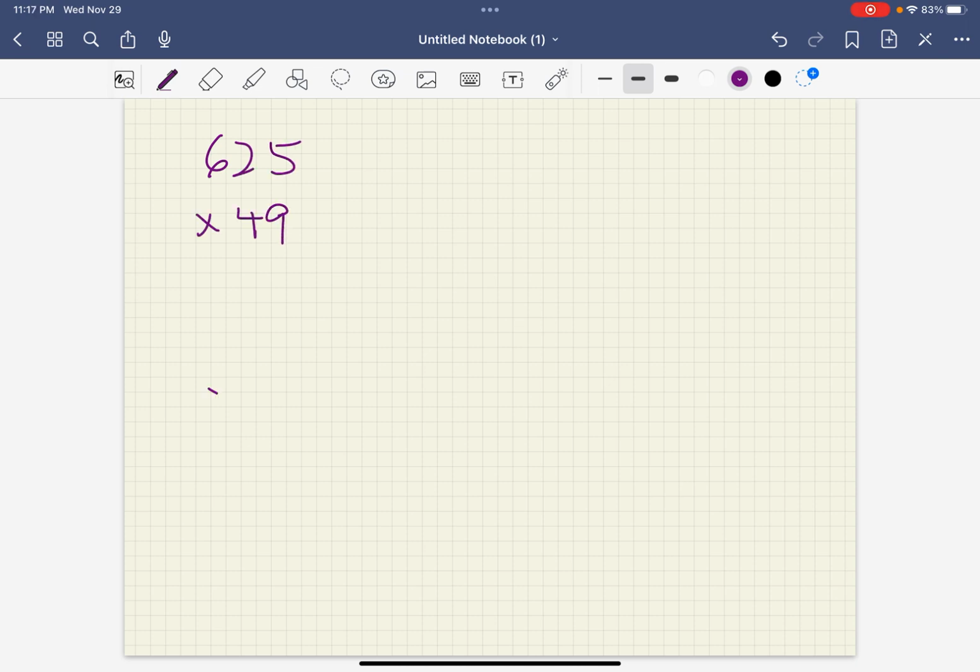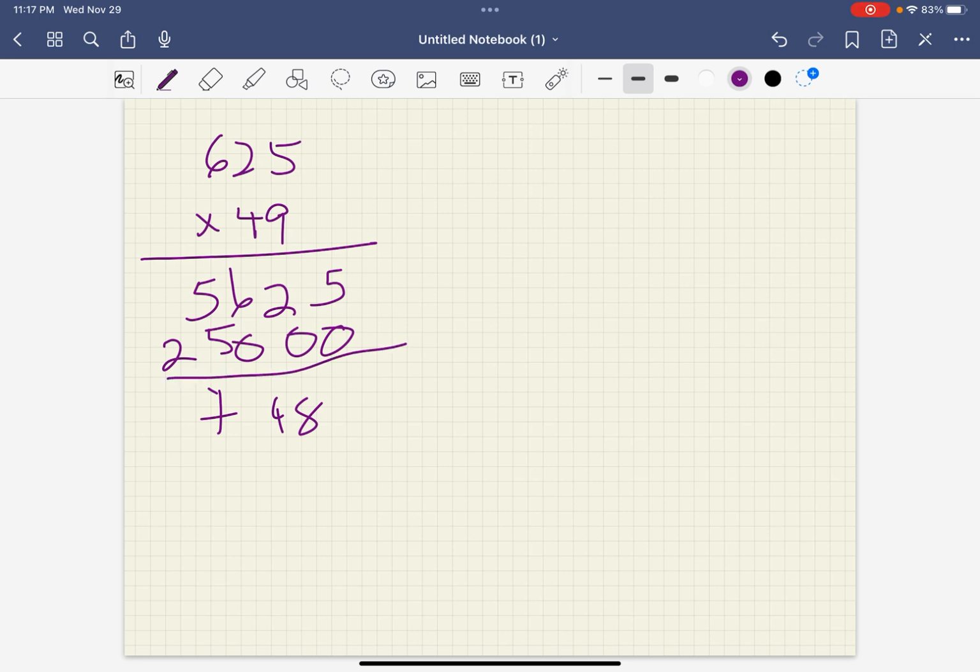We're going to have to remember to add 48. Okay, so 9 times 5 is 45, 18, 4 is 22, 54 and 2 is 56. 4 times 5 is 20, 8 and 2 is 10, 24, 25. So that's going to be 30,625 plus 48.